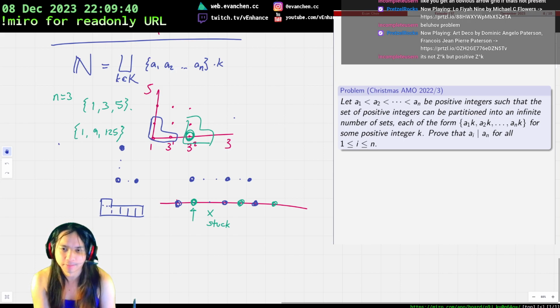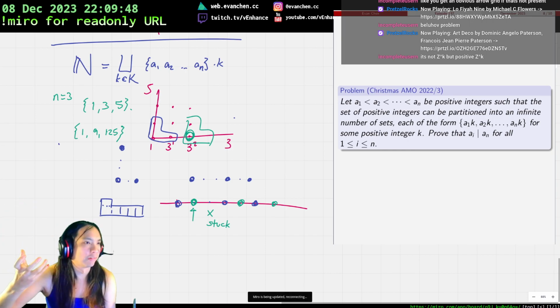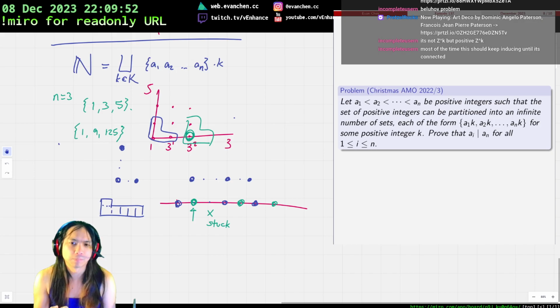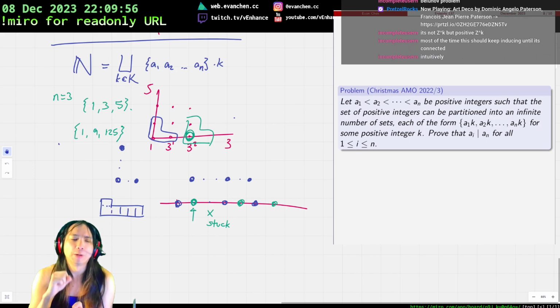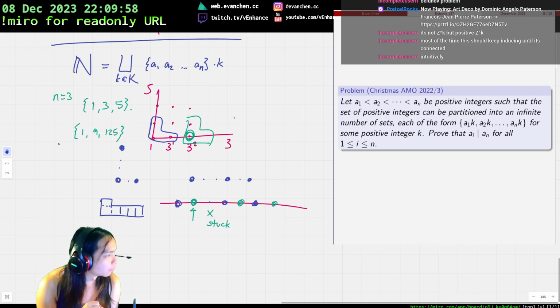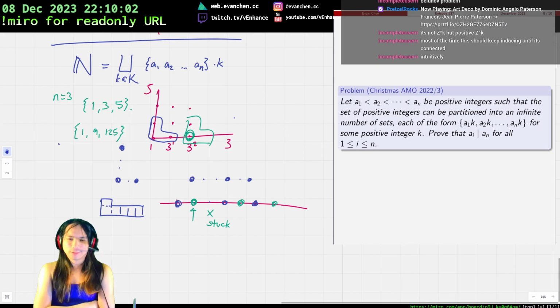Like this axis with the 3s is fixed. Once you tile everything that doesn't have a factor of 5 in it, you move up to the next row, and then again, everything is forced. Whenever you have a minimal by inclusion, or just any minimal by anything element, you have to put a domino there.